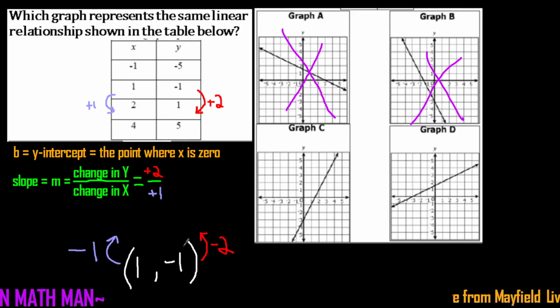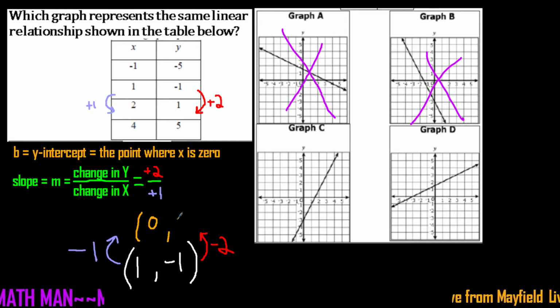It would still be a positive slope since negative 2 divided by negative 1 is positive 2, and more importantly, it would give us that y-intercept because that's where x equals 0. So our y-intercept is going to be negative 3. So it has to go through the point 0, negative 3, and our y-intercept is negative 3.